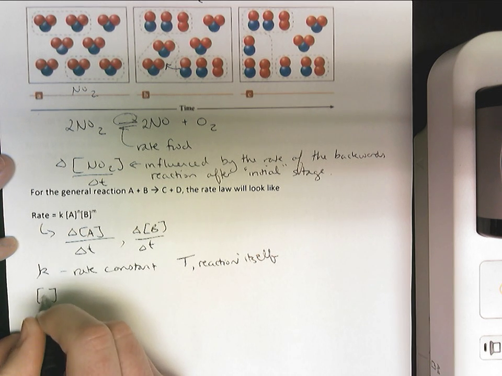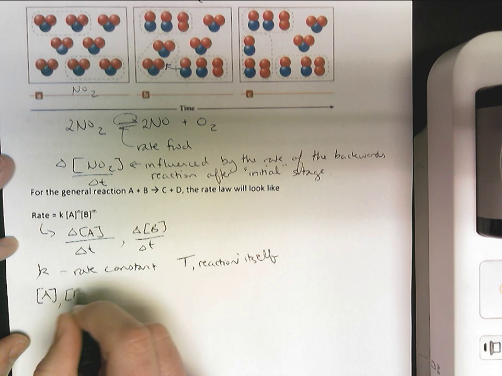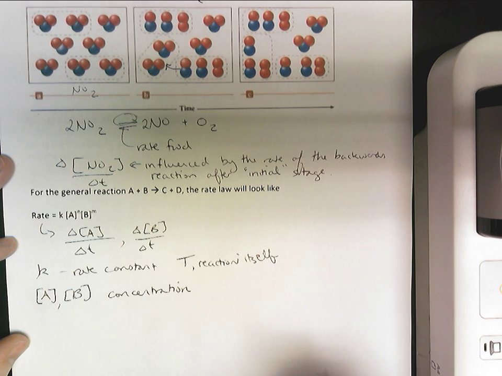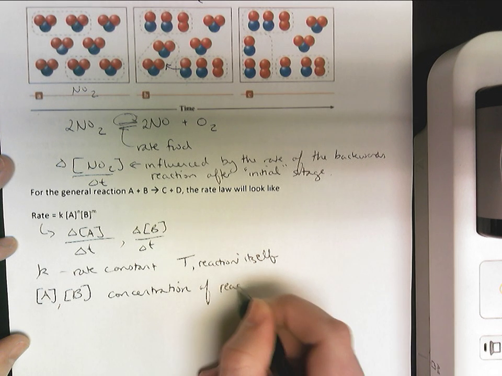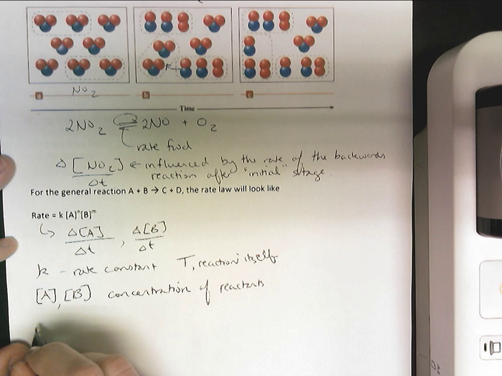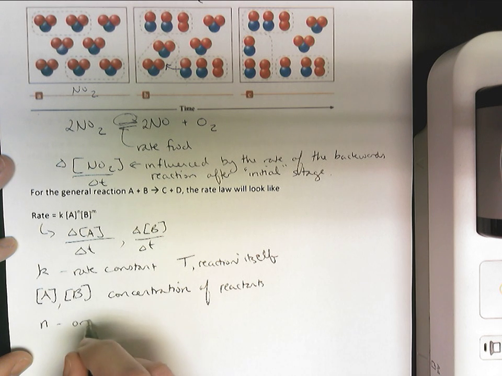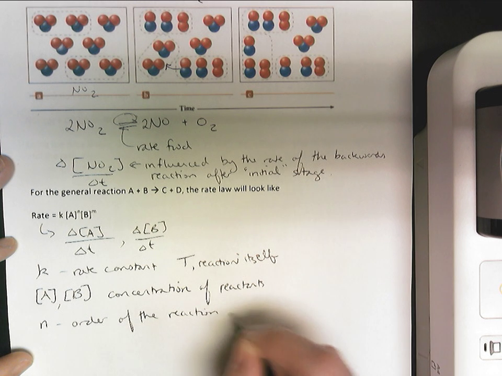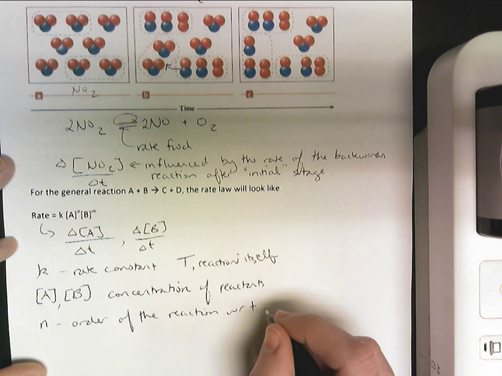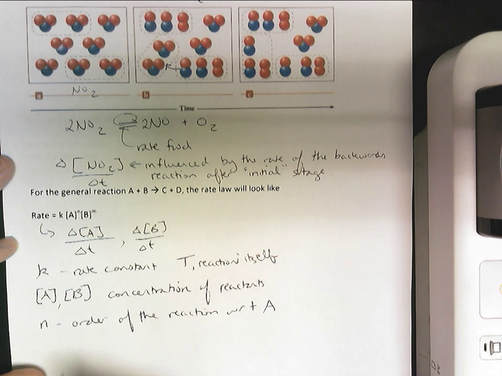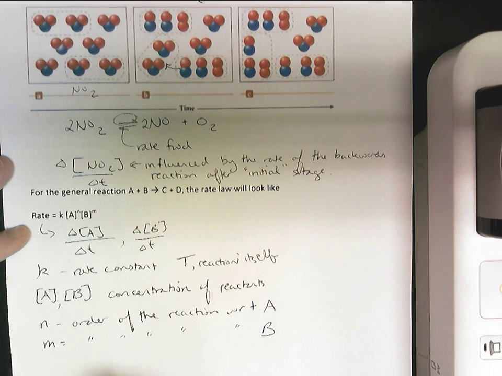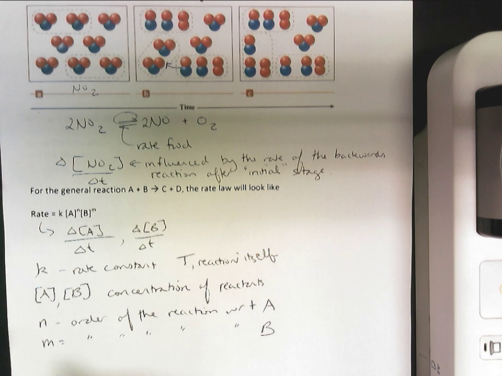Square brackets A and B are the concentrations of the reactants. You see that the concentration of the products is not included here. And finally, n is the order of the reaction with respect to A. m, similarly, is the order of the reaction with respect to B. And both of those are not coefficients.